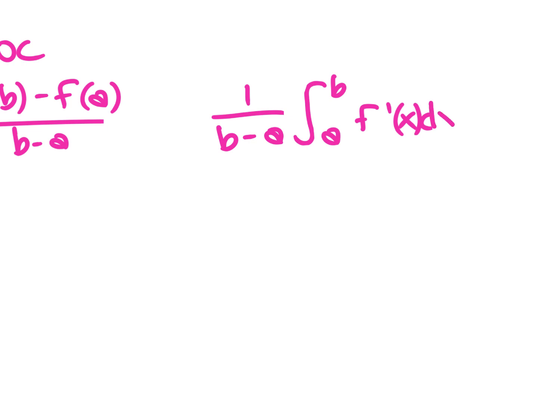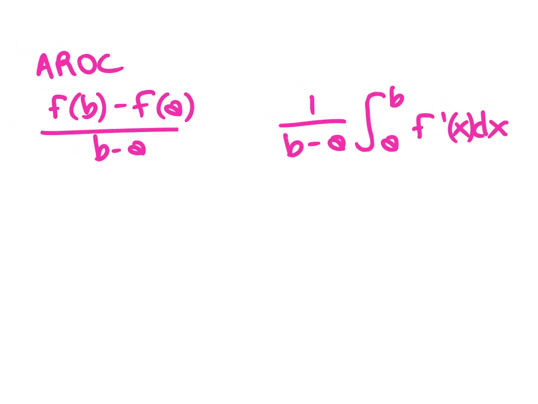Why do I have two different ways to find this? It gets kind of confusing to think about. I have average value this way, and then I have average rate of change. Well, let's think about what integrating does for us. If you actually did the math for this, what does f prime of x integrate to give you? F of x, and we are evaluating that on the interval a to b. What does that look like?